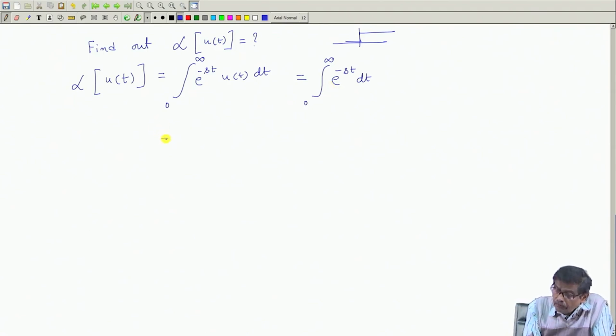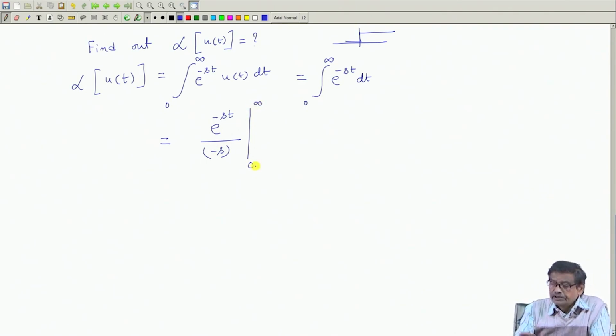Acha, now this integration can be carried out: e to the power minus st divided by minus s. This will be the integration, and then I have to carry out these values at t equal to 0 and infinity and take the difference.